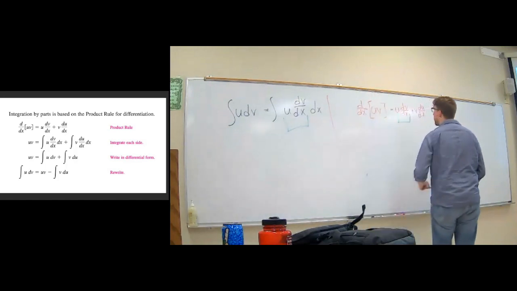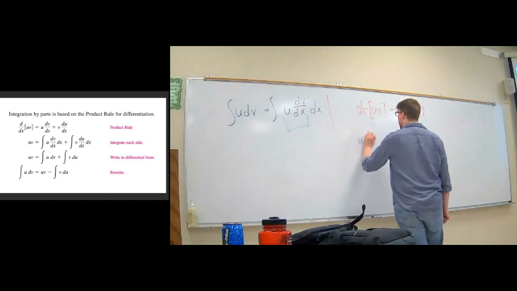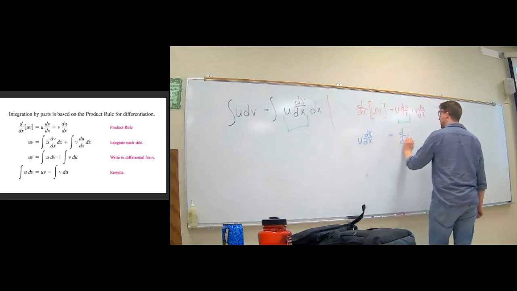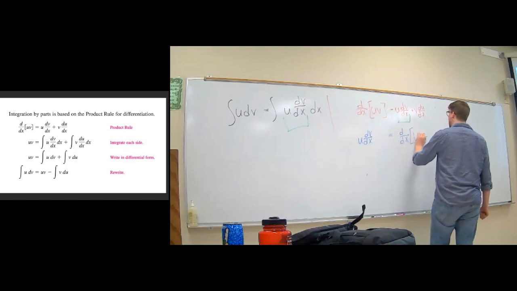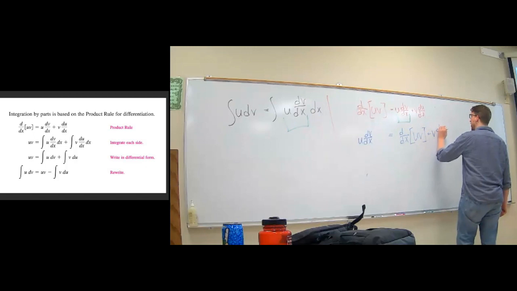When we do that, we're going to get u dv dx is equal to d dx of u times v plus v times du, or my mistake, minus v times du dx.